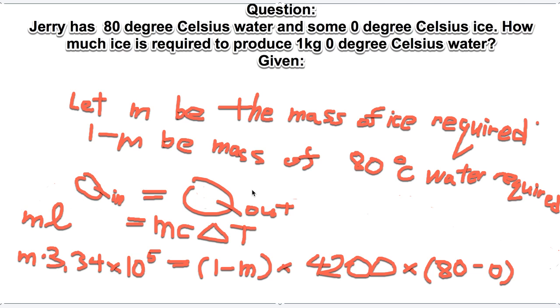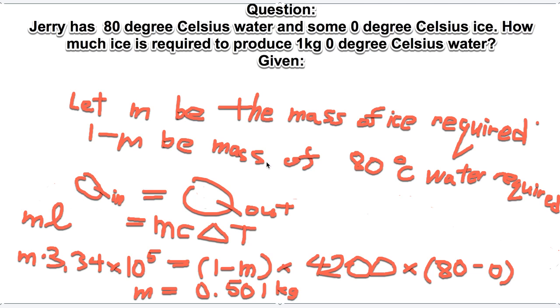This question is relatively simple and really a standard question in HKDSE Physics MC. After doing all the mathematics, we would have m equals 0.501 kg.